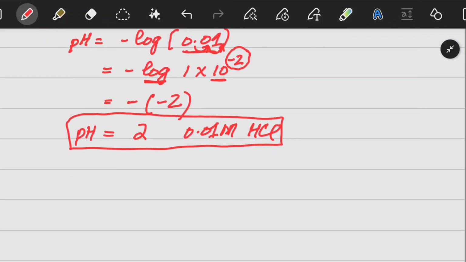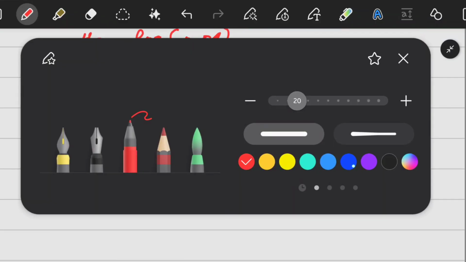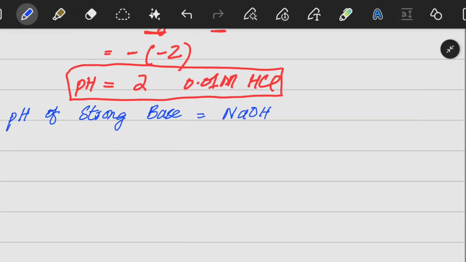Now if we talk about a strong base, let's change the color again. Let's do blue this time. So, the pH of a strong base, for example NaOH, sodium hydroxide.